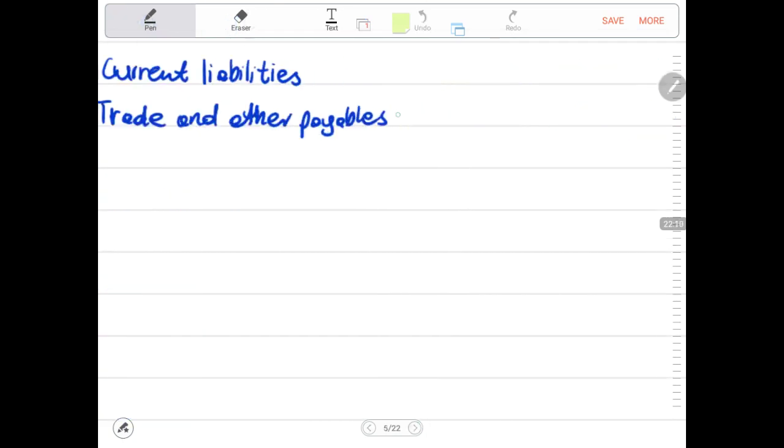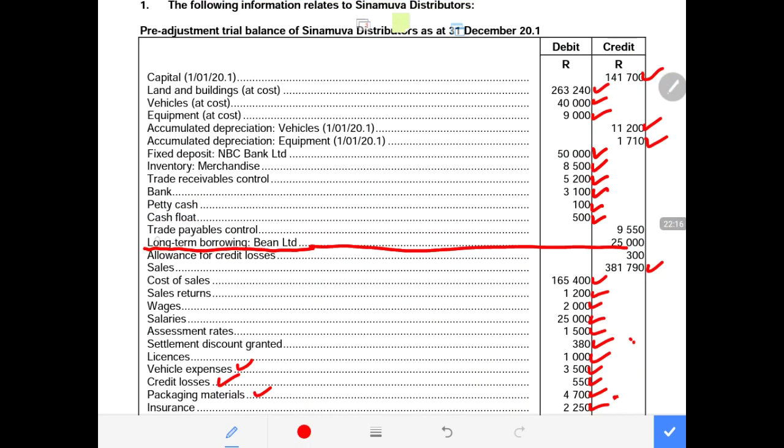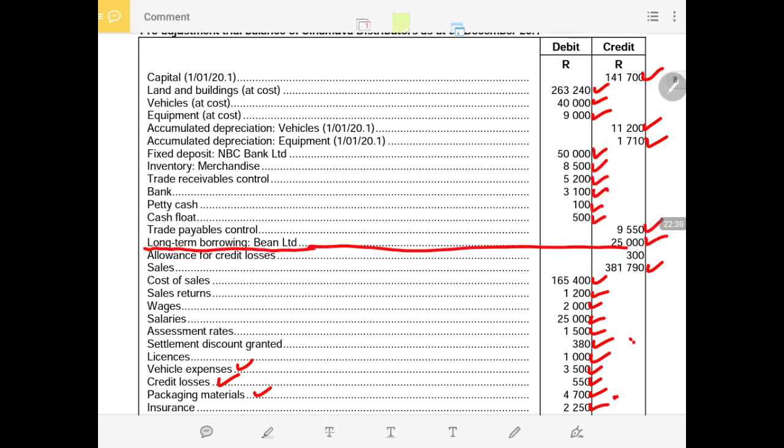The last one is trade and other payables. Under our trade and other payables, we have trade payables, which is our creditors, people from whom we bought inventory on credit, 9,550.